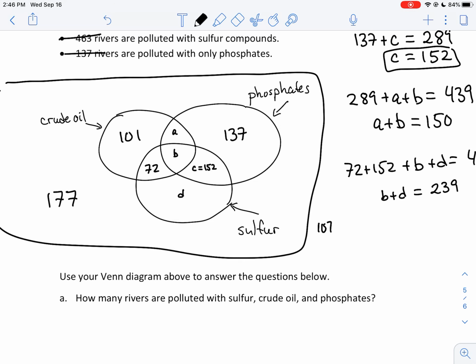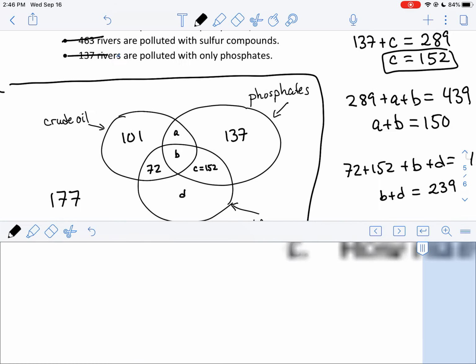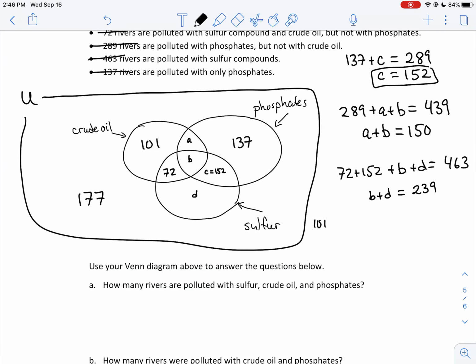I'm going to add up all the numbers you see here. So we know that 101, in no particular order, plus that. I'm going to do all the ones that are numbers first. So 101 plus 177 plus the 72 plus the 152 plus the 137, and then plus the A plus the B plus the D has to be equal to 1,000.